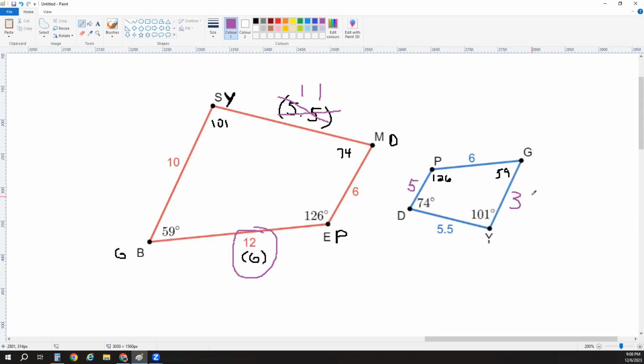Since this one was half as much, it's going to be half of its partnered side, if you would, right? This one would be doubled its partnered side, which is that one. So that's pretty easy there to figure out the rest of the stuff.